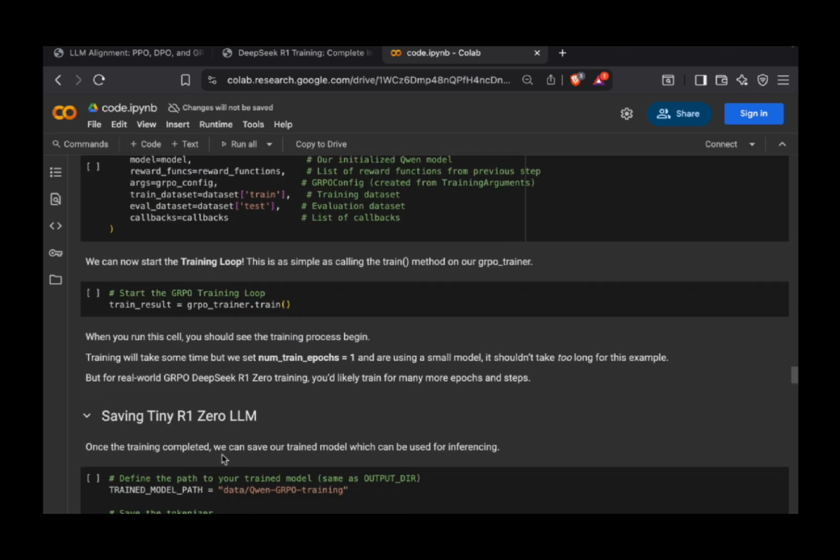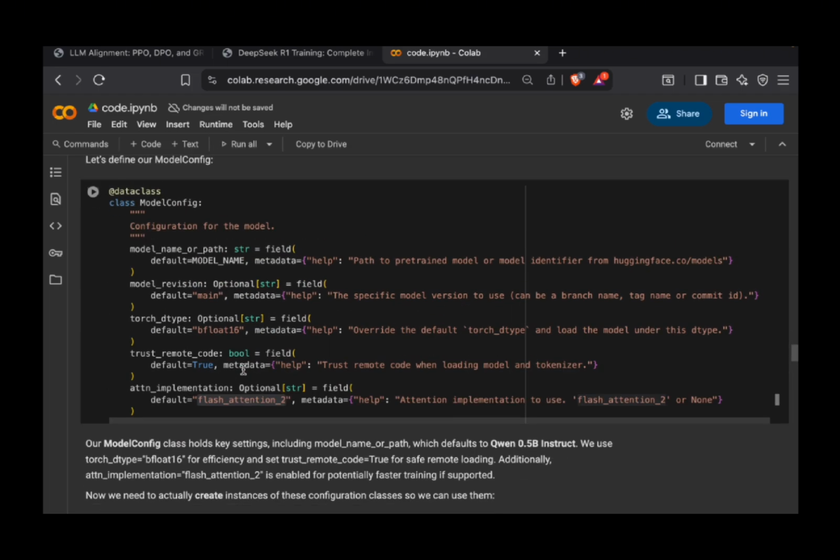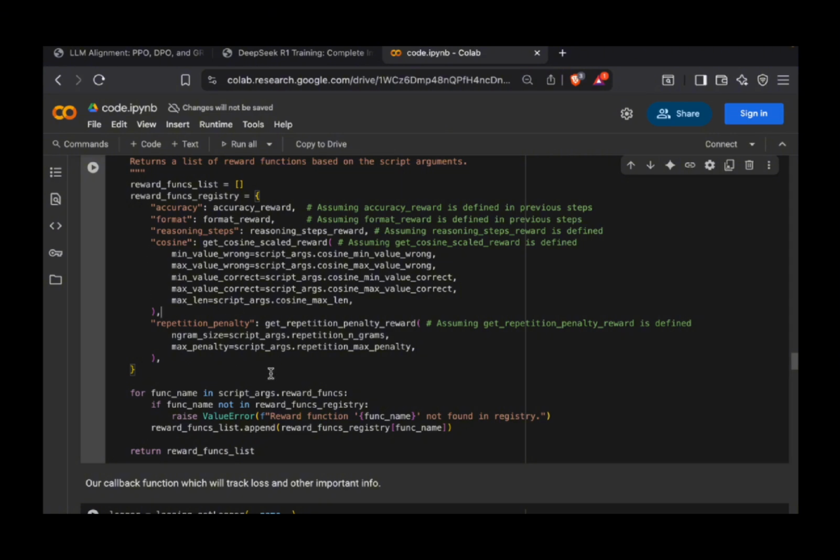Then we can simply start the training, and the model, which in this case was Qwen 500 million parameters, will be trained in a way that it follows all these guidelines, all these frameworks. So by these reward functions and GRPO, we give it the ability to reason. Why? Because the reward function works in that way. And this is the whole thing.